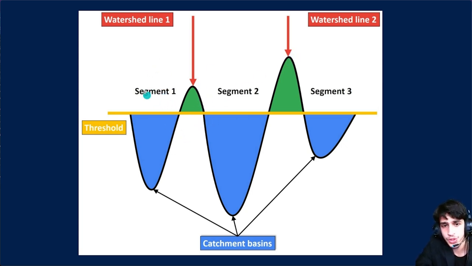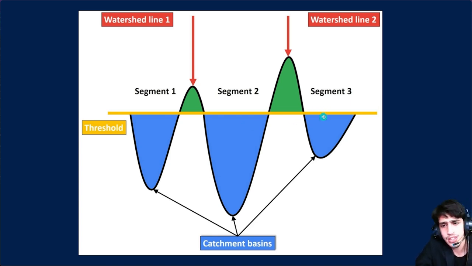Then we start pouring water and fill up all the valleys. That makes a gap between two segments. Here, with these watershed valleys, we found that there are three segments: first, second, and third. So this is how watershed segmentation takes place.